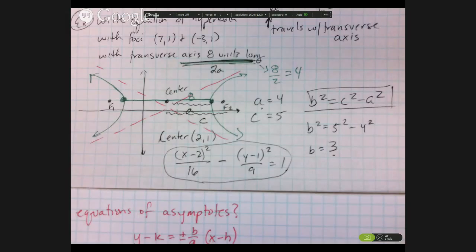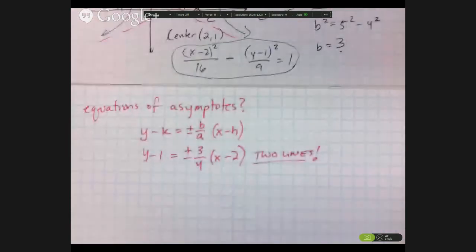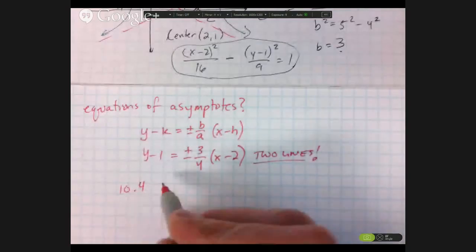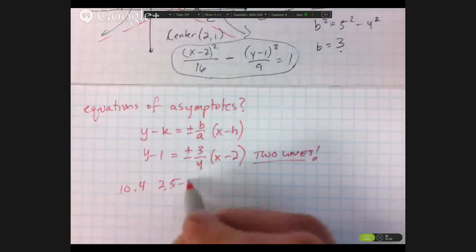That's all I'm asking you to do. Can you handle that? Okay, well, you have over 10 minutes here, so try to get some of the work done. There's not very much.